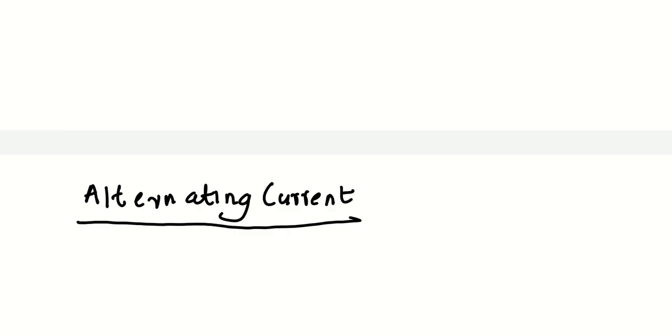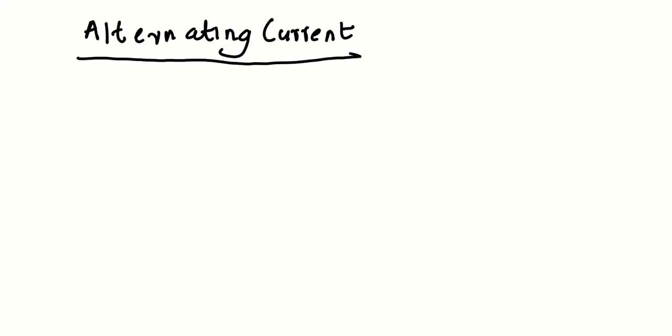So we are discussing now about alternating current. Alternating current means, first we can say that alternating current is like a sine function with time.